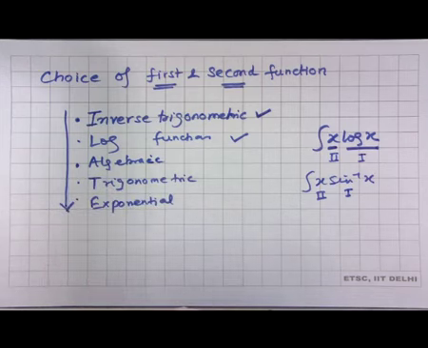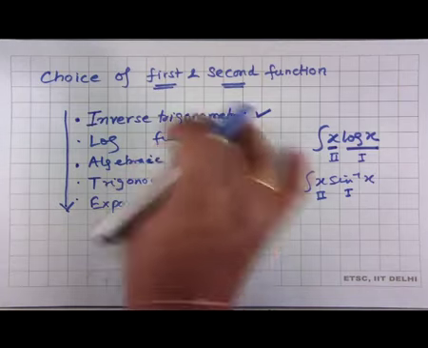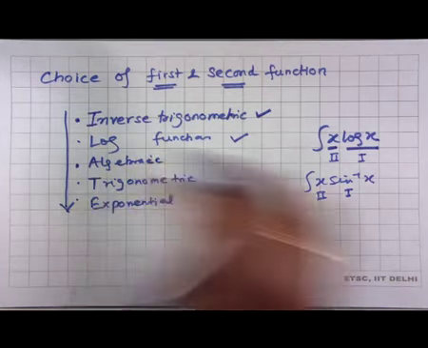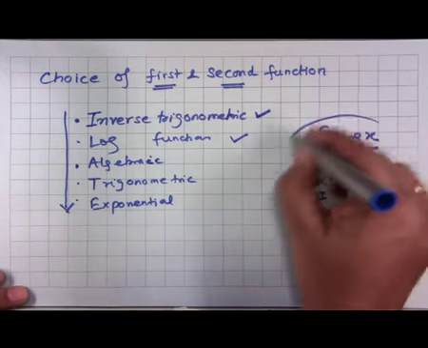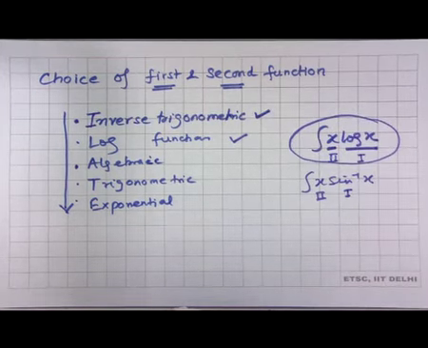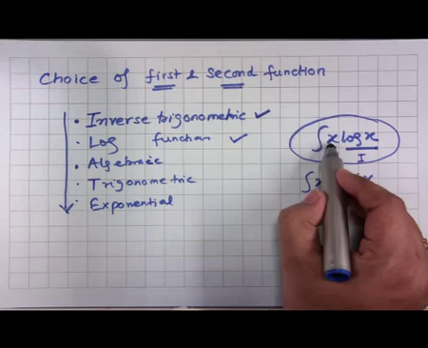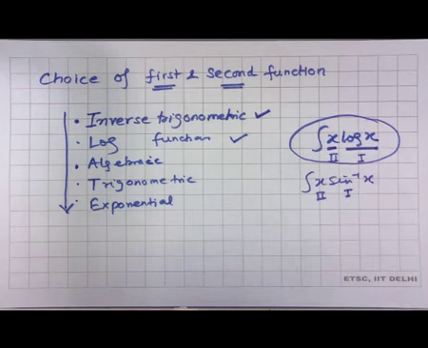Though for simple functions many times it may not be that difficult to evaluate even if you do not follow the order, if a function becomes very complicated, it really will be difficult to evaluate. I will show you that for this particular integral, even if you choose this as first function, it can be evaluated, but it will be a little complicated to evaluate.